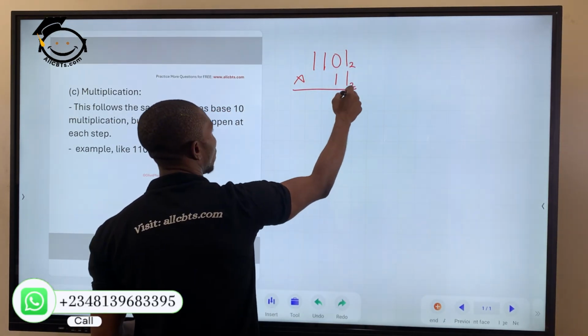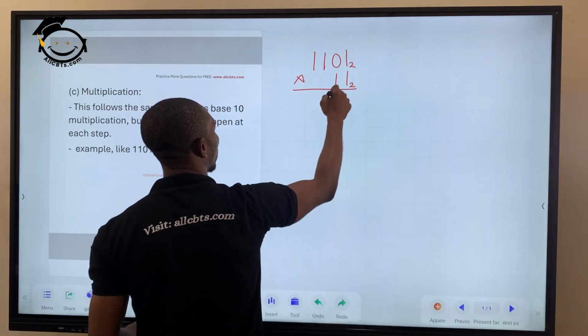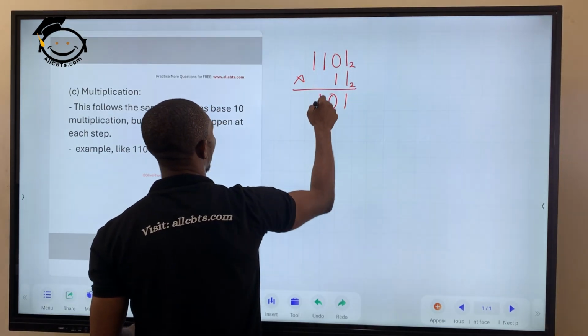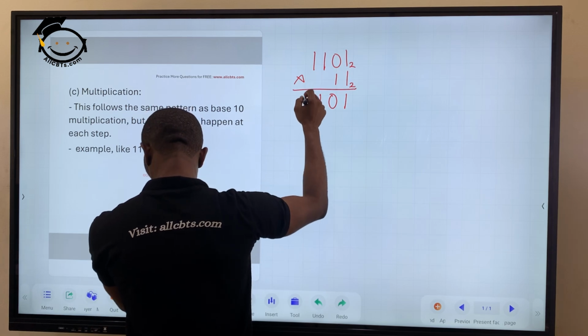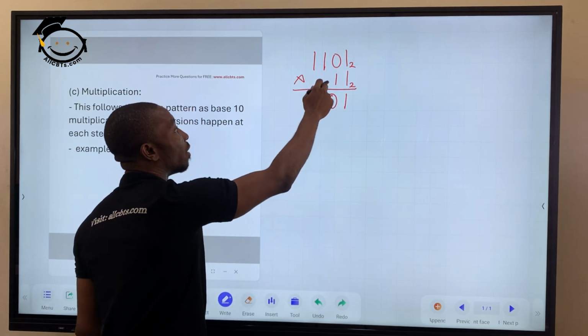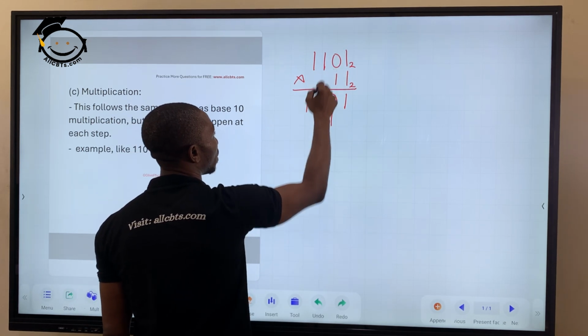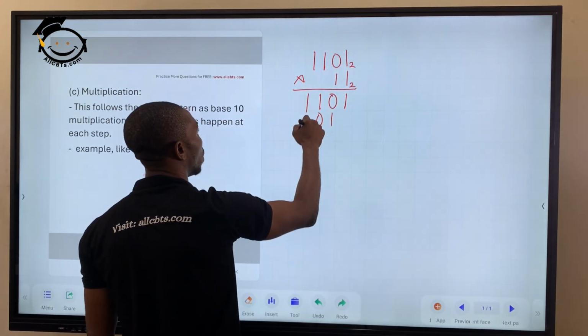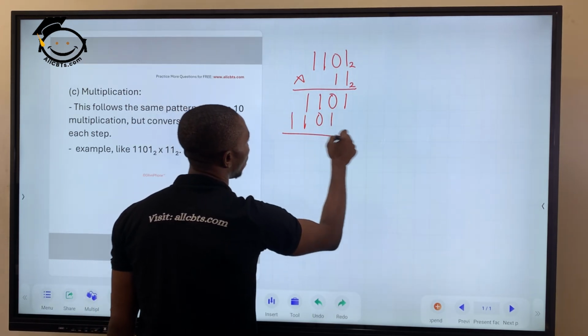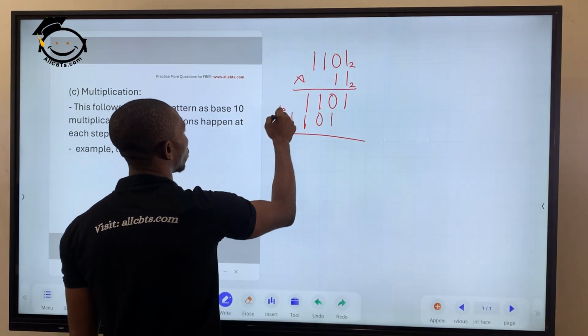Now, 1 times 1 is 1, 1 times 0 is 0, 1 times 1 is 1, 1 times 1 is 1. And the next one we have 1 times 1 is 1, 1 times 0 is 0, 1 times 1 is 1, 1 times 1 is 1.